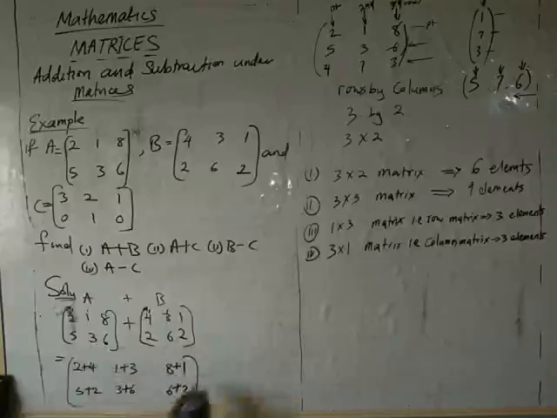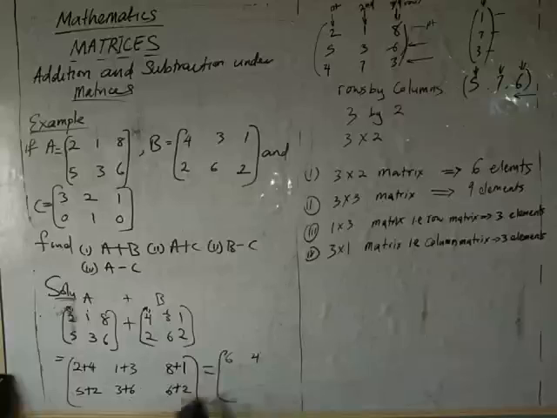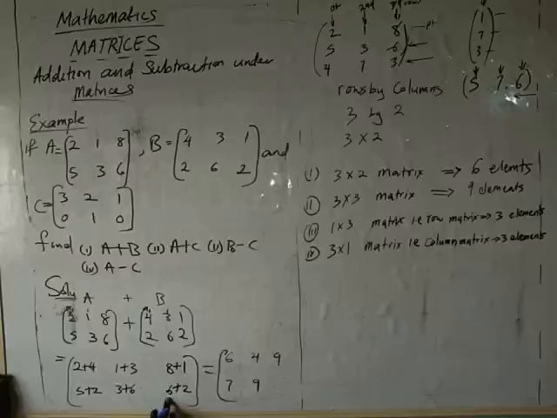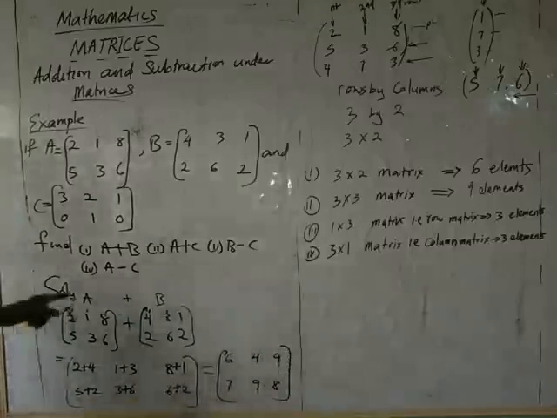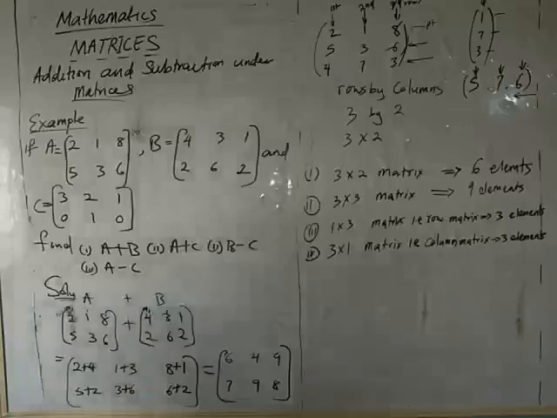So at the end we have 2 plus 4 giving me 6, 1 plus 3 giving me 4, 8 plus 1 giving me 9, 5 plus 2 giving me 7, 3 plus 6 giving me 9, then 6 plus 2 giving me 8. So this will be the value of A plus B from the question, Roman figure 1.